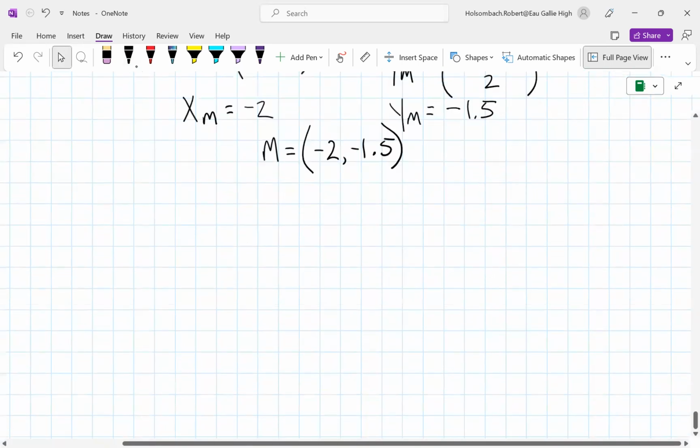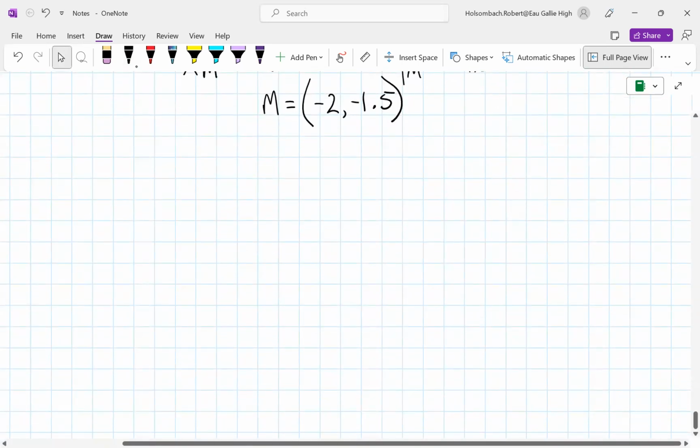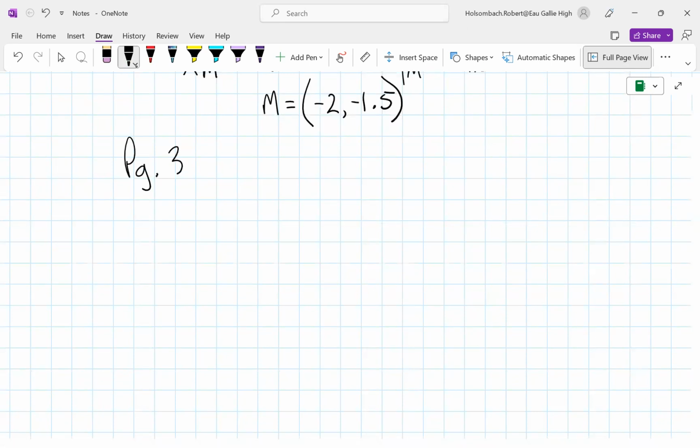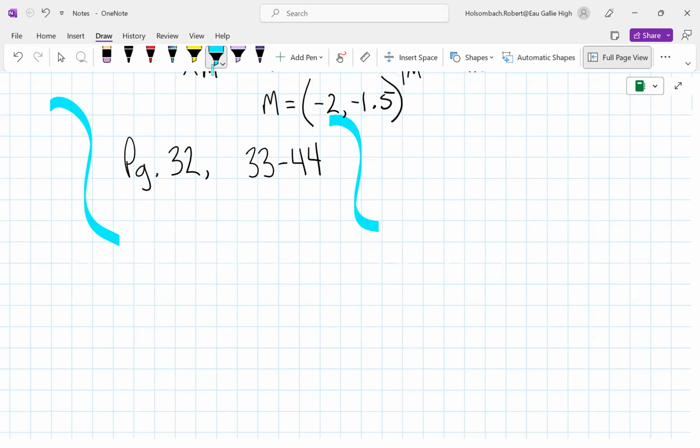All right, your practice for today is going to be on page 32, 33 through 44. And again, make sure you're checking the odd answers in the back of the book.